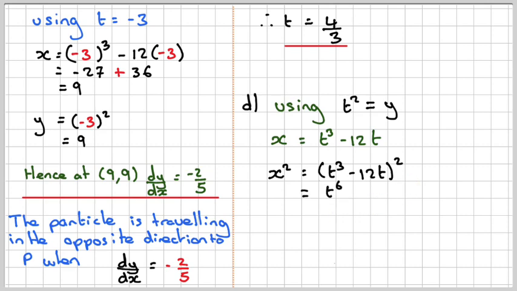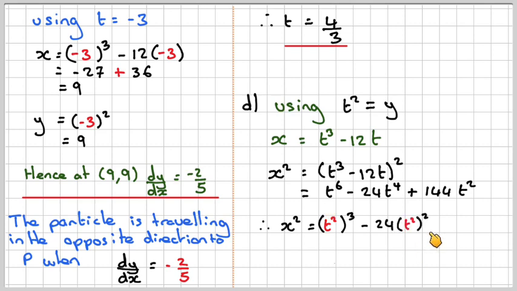Expanding that, we get t to the 6, then t cubed times minus 12t gives minus 12t to the 4, but we get two lots of that, so minus 24t to the 4, and then plus 144t squared. Then we can rewrite this as x squared is t squared cubed, which still gives t to the 6, minus 24 times t squared squared, plus 144t squared, and then replace t squared with y.